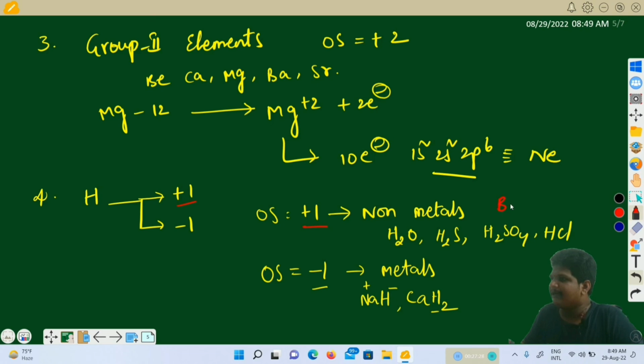If you observe BH3, for example diborane, a boron hydride, in this case hydrogen has higher electronegativity than boron. So hydrogen can exist in a -1 oxidation state. Even though it is a non-metal, this hydrogen exists in a -1 oxidation state.